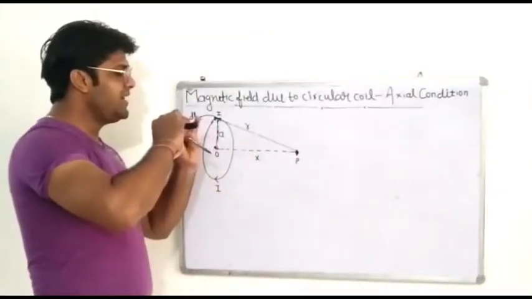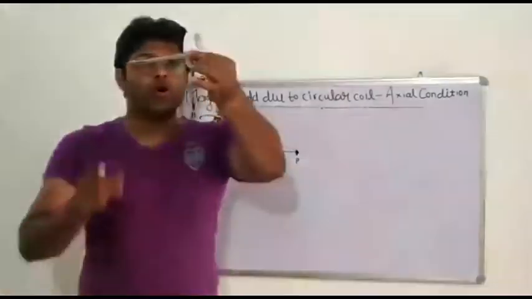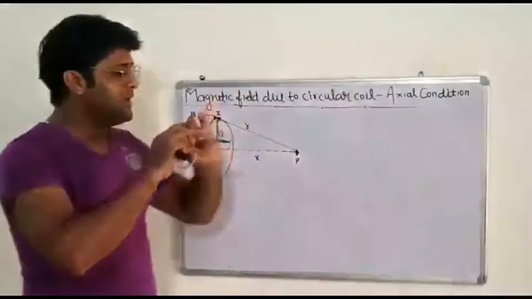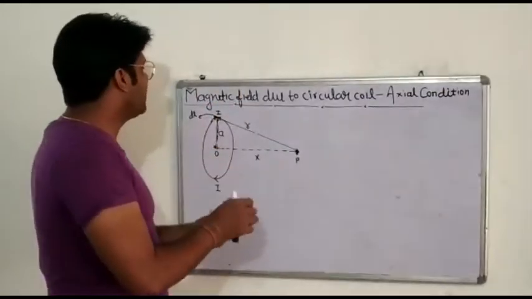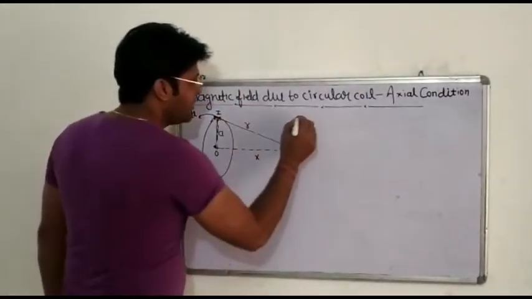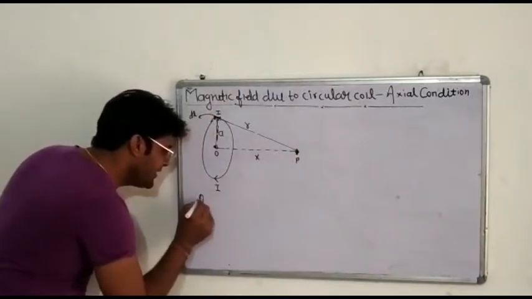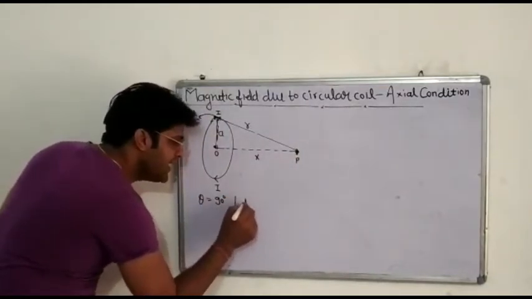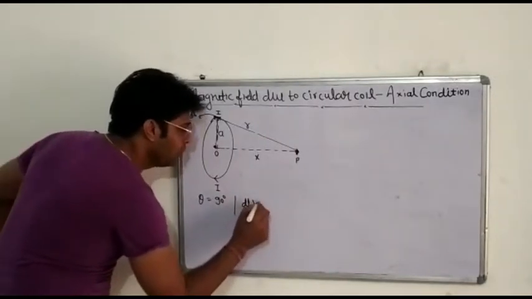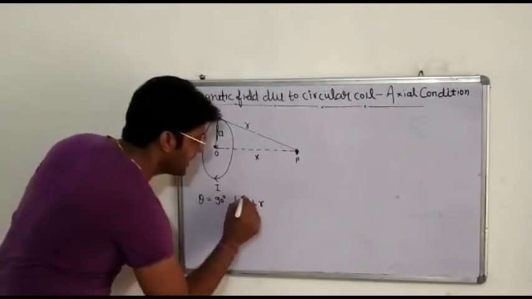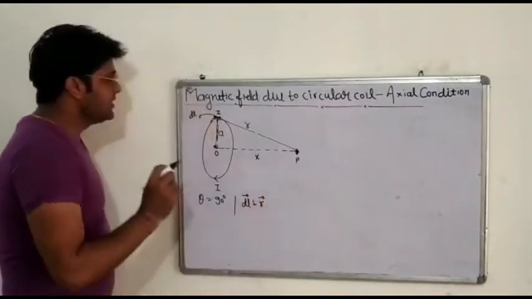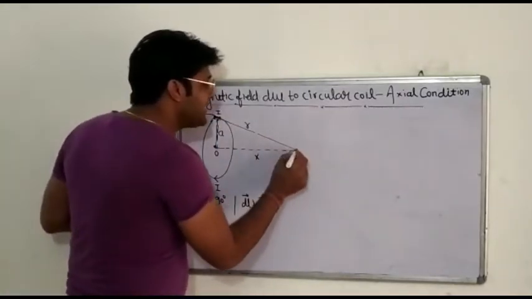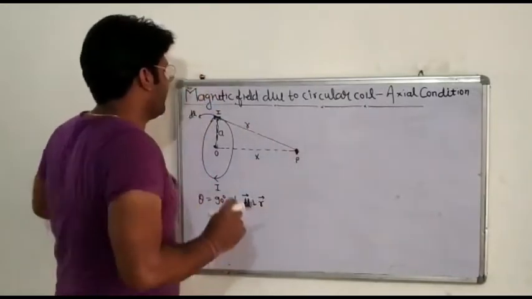So you can see here in 3D they both are perpendicular to each other at this point. So that's why we will put the value of theta. One thing is here, theta is equal to 90 degree because dl is perpendicular to r. You should remember it.